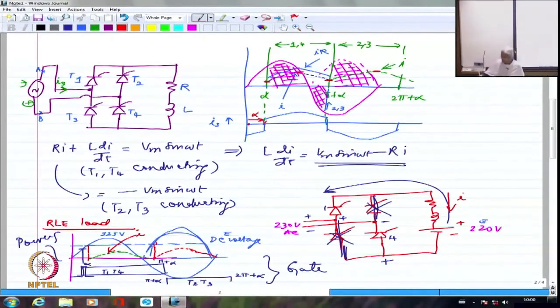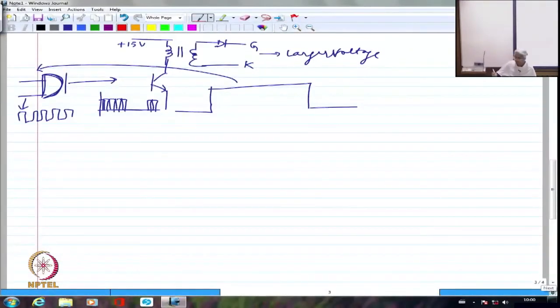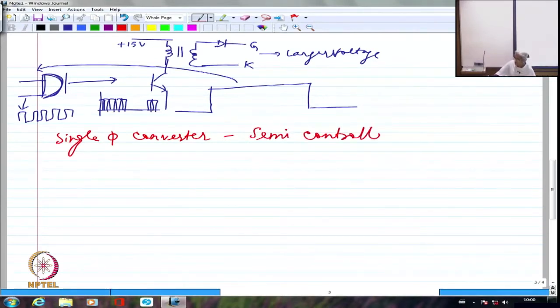Now let us try to look at the last type of single phase converter, which is semi-controlled. We said uncontrolled when we had all 4 diodes. We said fully controlled when we had all 4 thyristors.